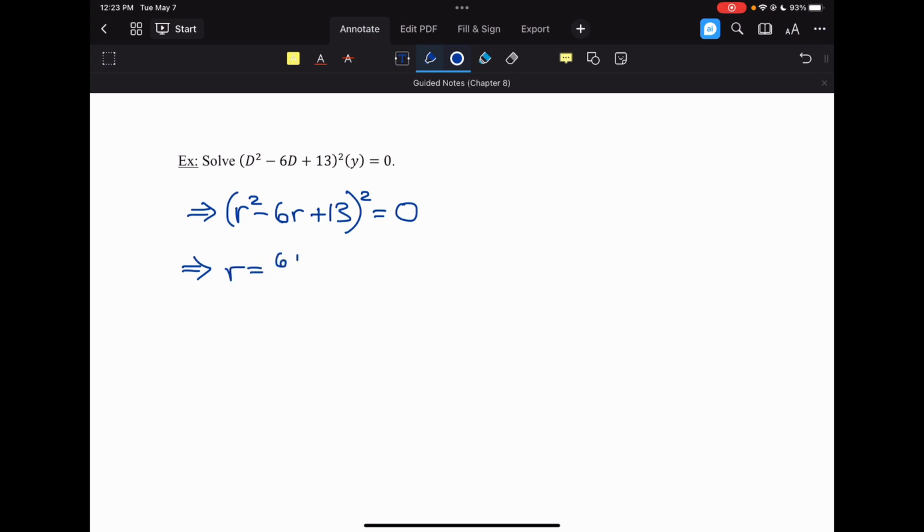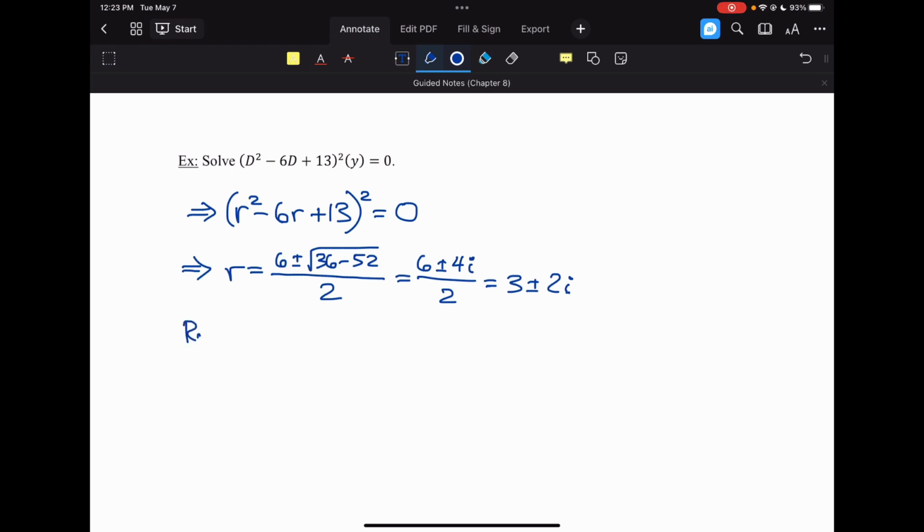So we get r is 6 plus or minus the square root of b squared minus 4ac, so that's minus 52, all over 2a. So it's the quadratic formula. We get 6 plus or minus, that gives us a negative 16, so that's 4i all over 2. So 3 plus or minus 2i.